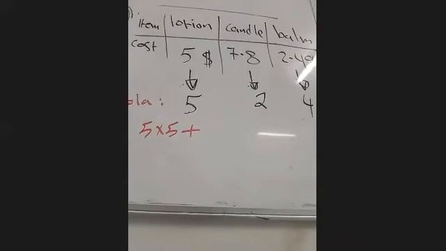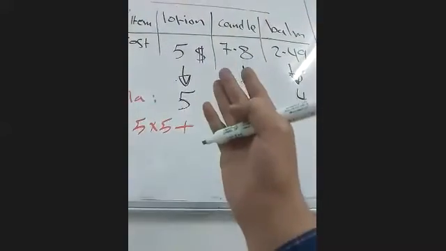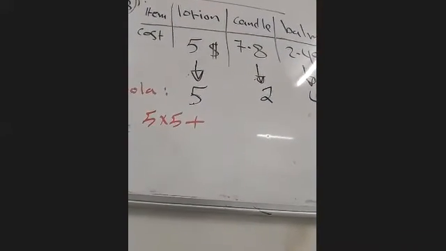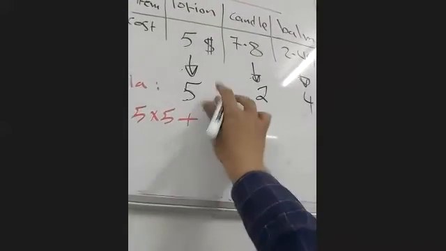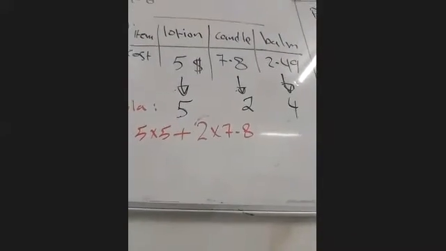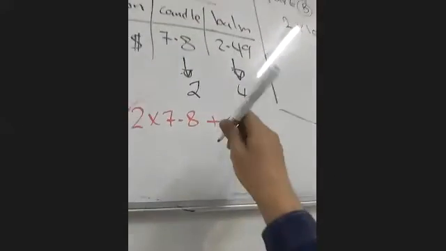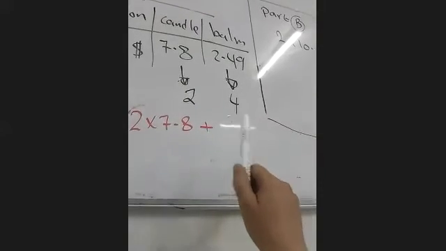It's 78 times 2. This is not 78, this is 7.8. I know, but if we multiply it, we will get it later. So we have 2 multiply 7.8, right? The third one, if one lip balm is 2.49, what is the cost of 4 lip balms?